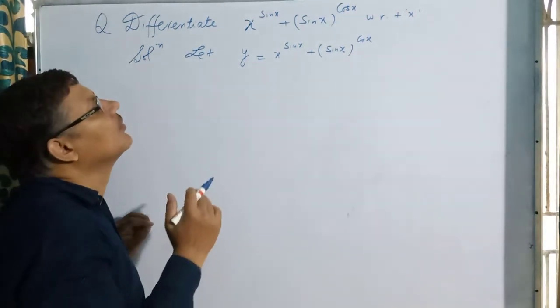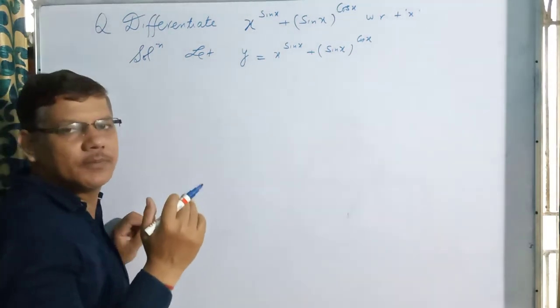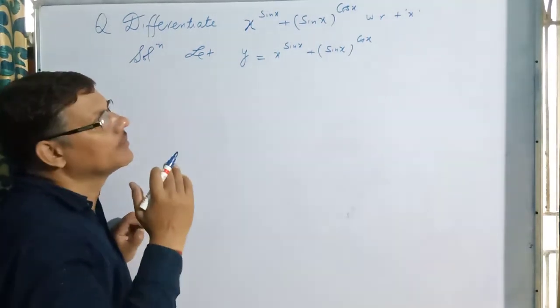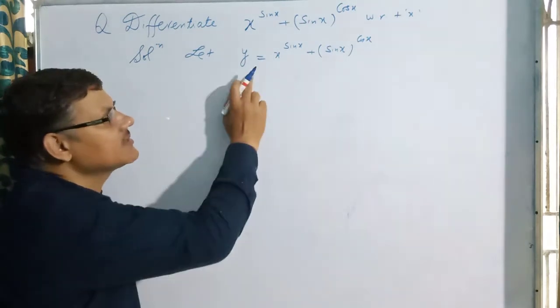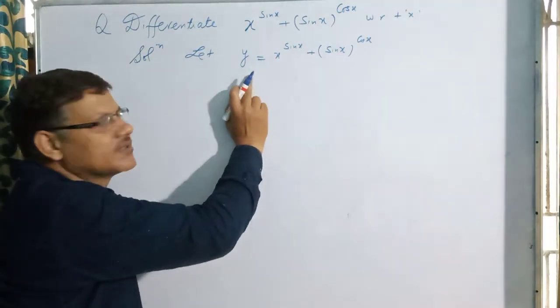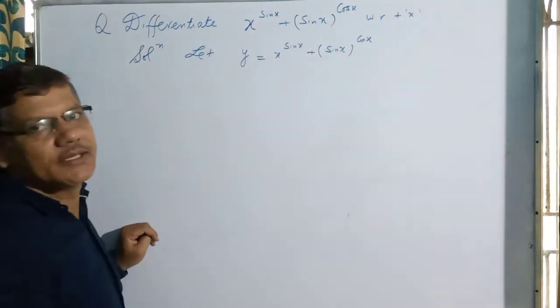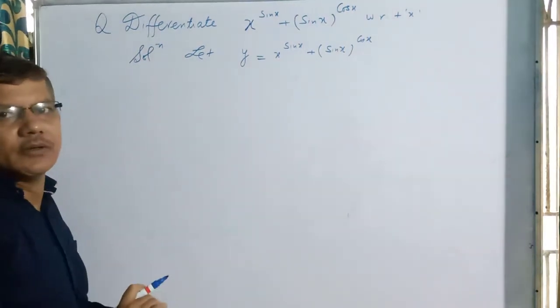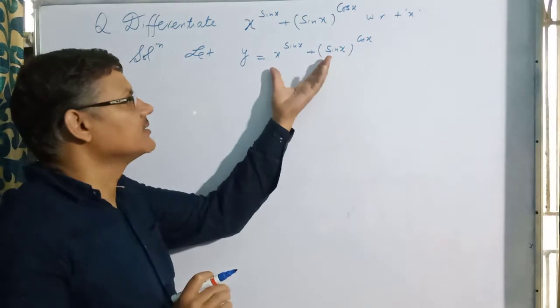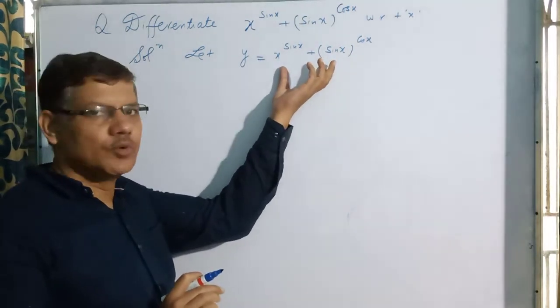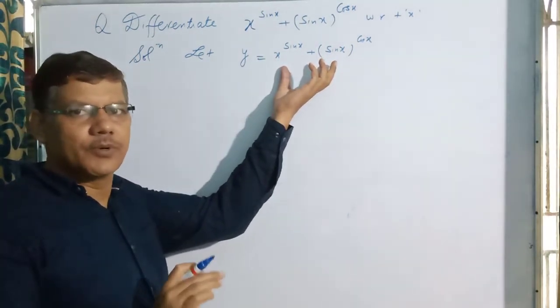That work can be done with the help of logarithm. But at this stage don't use logarithm, since on the left side we get log y, but for the right side there is no property for this type of function. In case of plus of two or more functions, the logarithmic property is not there.